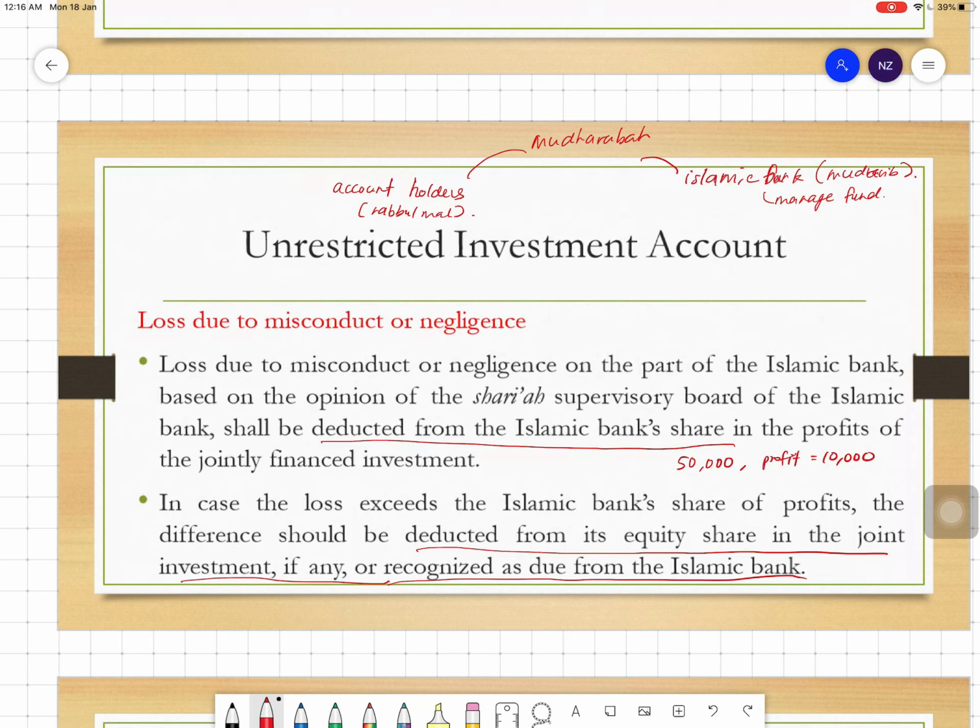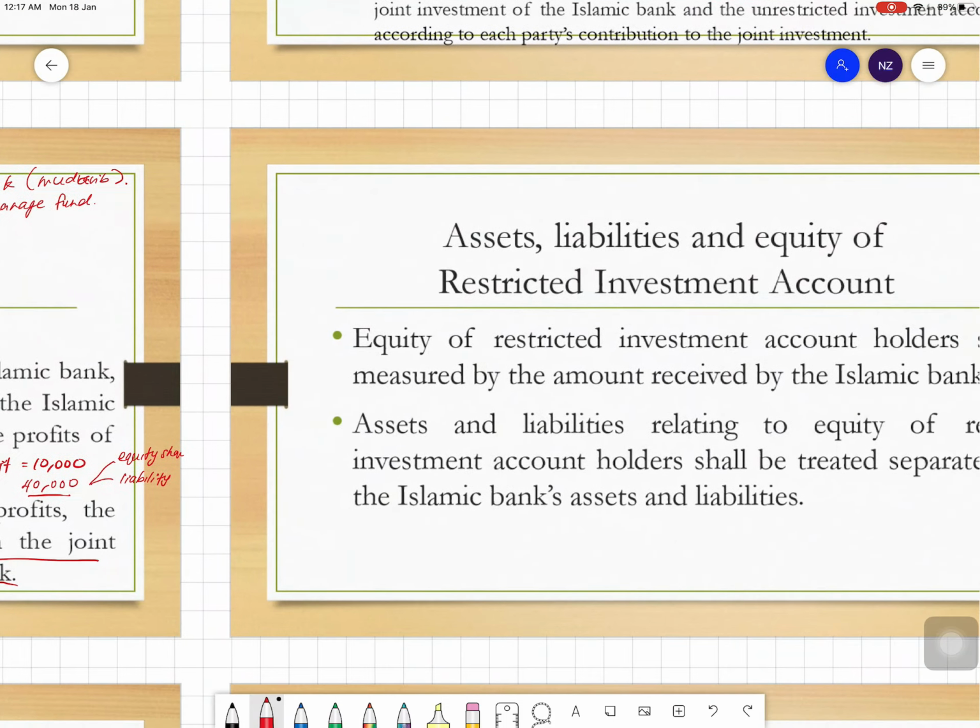So in our example, the remaining 40,000 will be deducted in the equity share, or put as a liability of the Islamic Bank. So the Islamic Bank owes the account holders, meaning the Islamic Bank will pay back the 40,000 to the account holders later on. It says due.